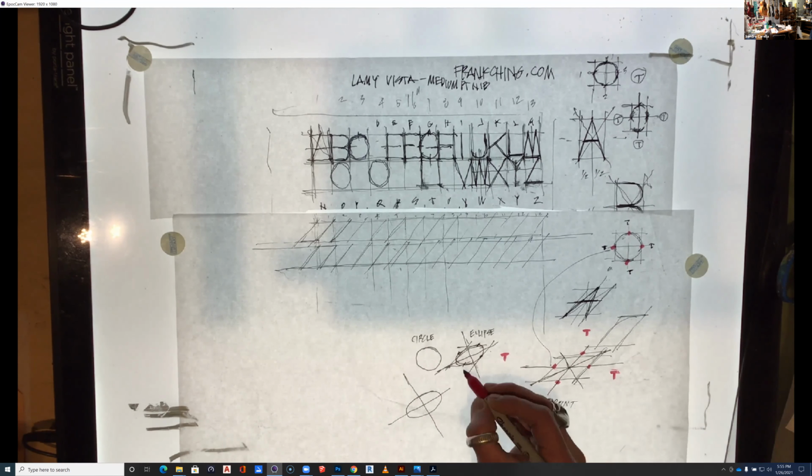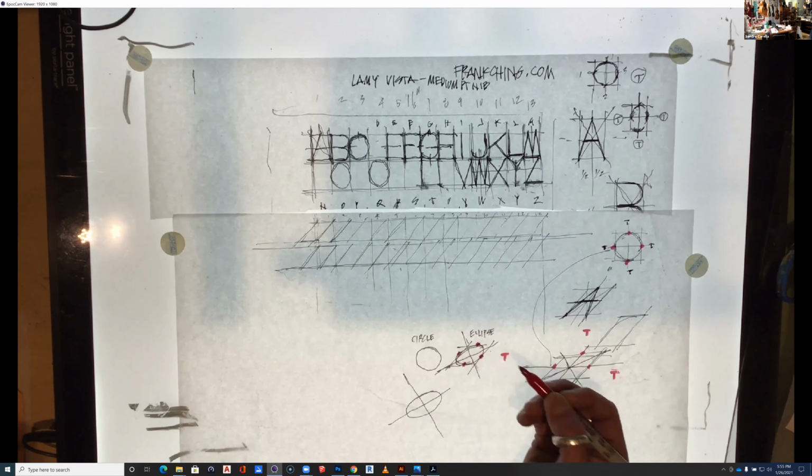But the points of tangency are still the same.